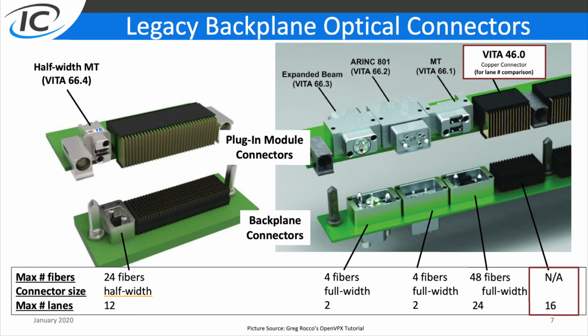However, if we were to instantiate 2 of these connectors side by side to occupy the same width as a full-width VITA 46.0 connector, we would have 24 lanes. So it's interesting to compare the size and the number of lanes of these connectors to have a better understanding of their relative lane densities.